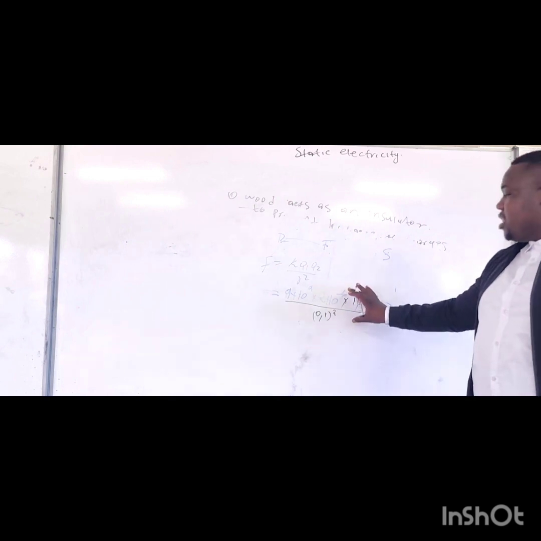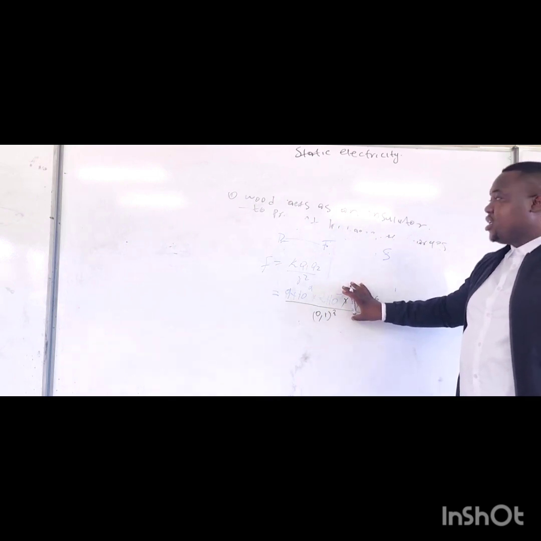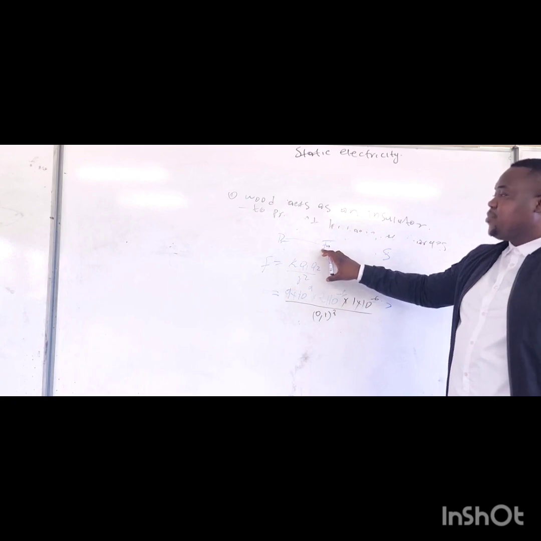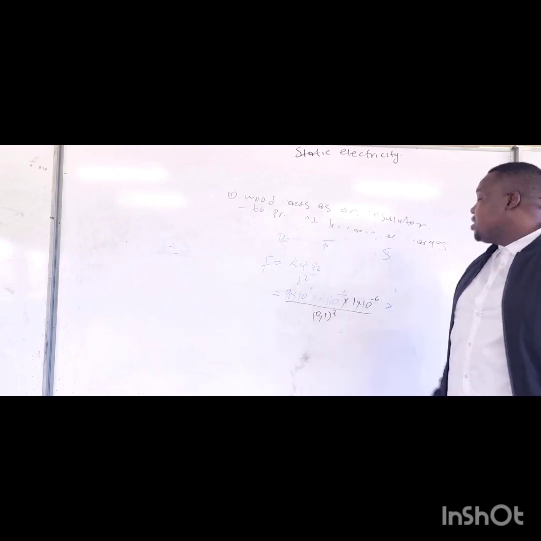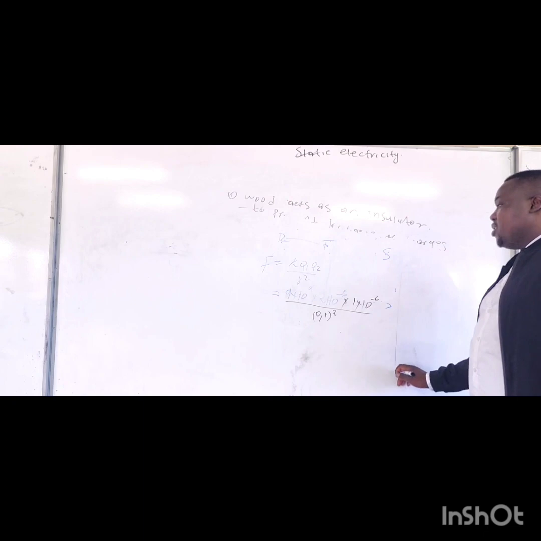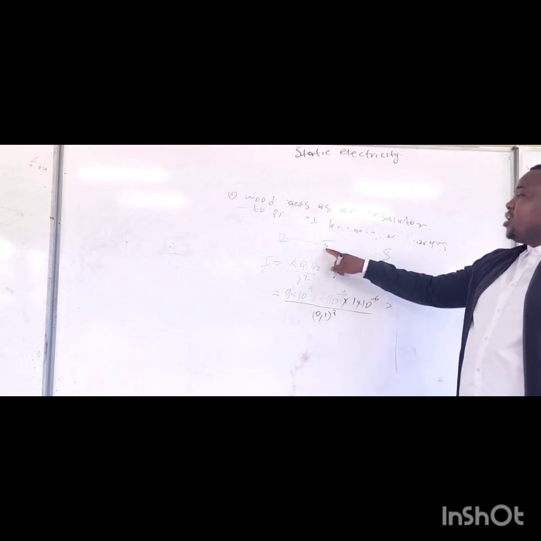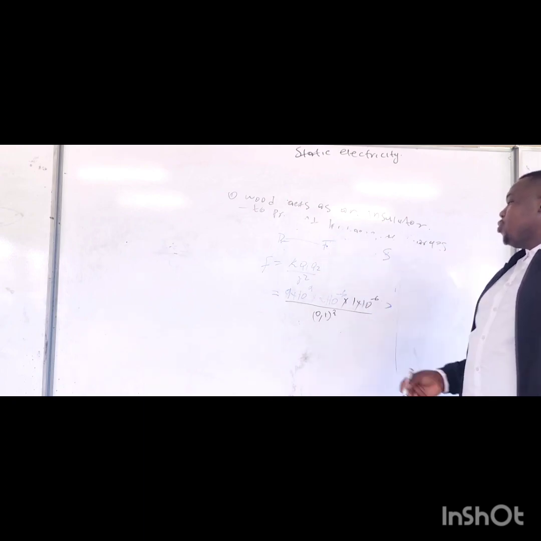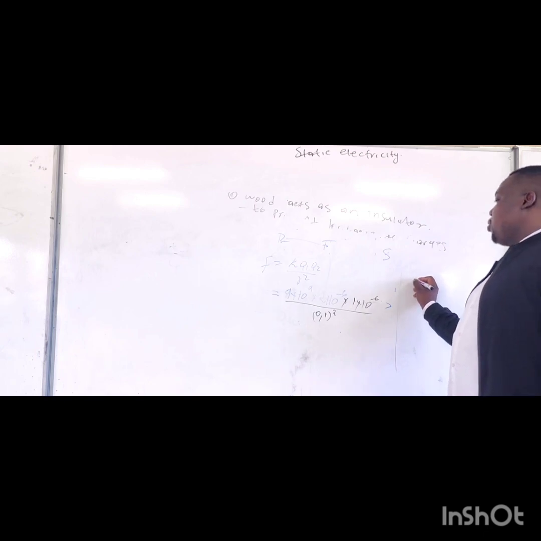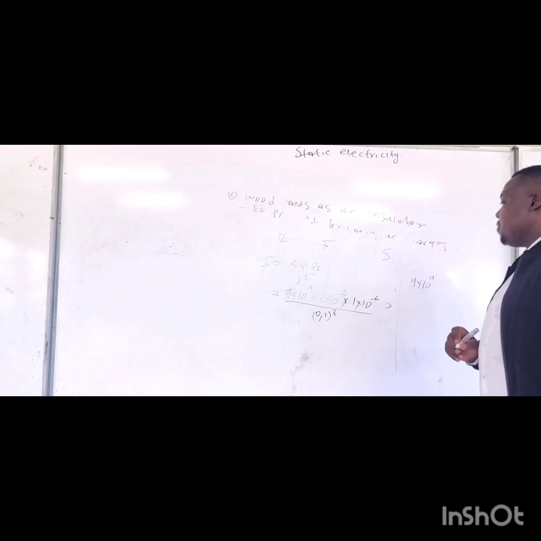Then, the second thing: this is the electrostatic force that T experiences due to R. Let us calculate the electrostatic force that T experiences due to S. We do the same thing. We have K, which is a constant, 9 multiplied by 10 to the power 9.